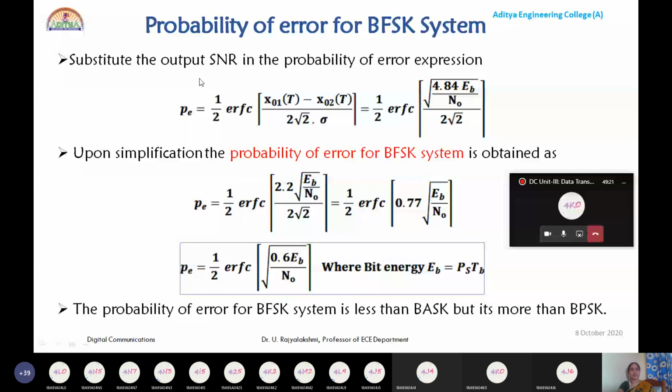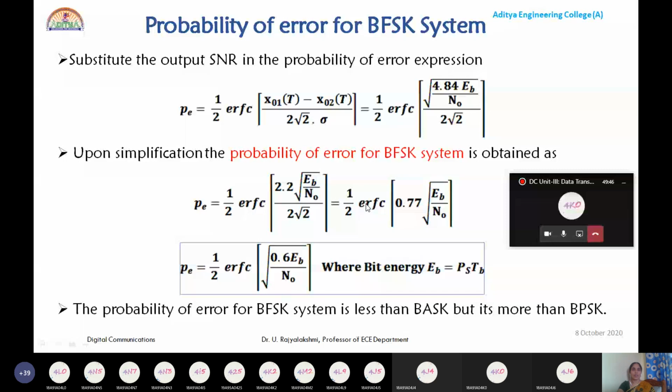BFSK lies in between the values of BASK and BPSK, but BFSK is less preferred because of its high bandwidth, considering FH minus FL as 2 FP.